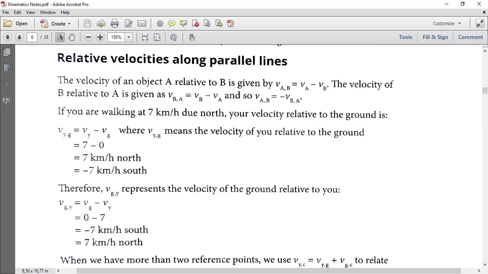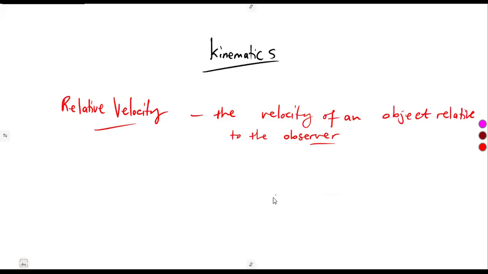If we are considering a person, we can consider a person as an object. We can consider a train, a car, any moving, any living, non-living thing can be referred to as an object.